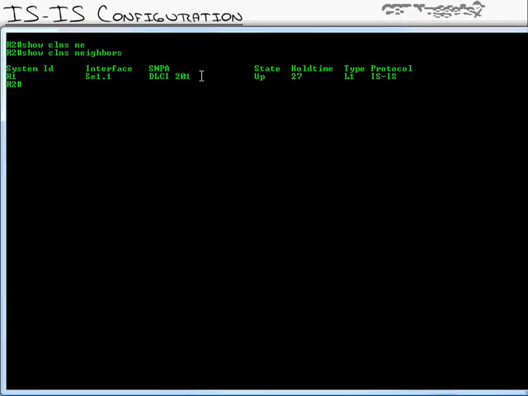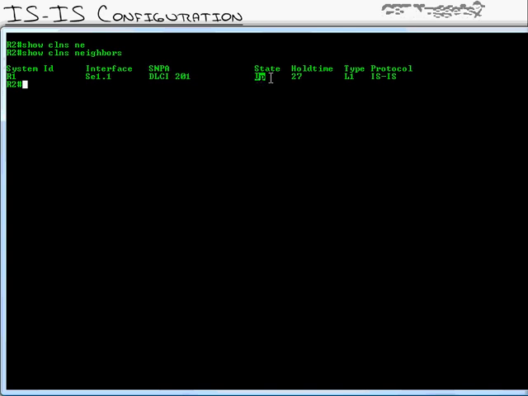So it's saying, hey, I'm using a layer 2 address of DLCI 201 to reach router 1. If we were connected on an Ethernet segment, you would see a subnetwork point of attachment of a MAC address. If you were connected on HDLC, HDLC has its own little proprietary layer 2 addresses, so it just puts HDLC underneath here. But whatever layer 2 mechanism you have will be shown right here.